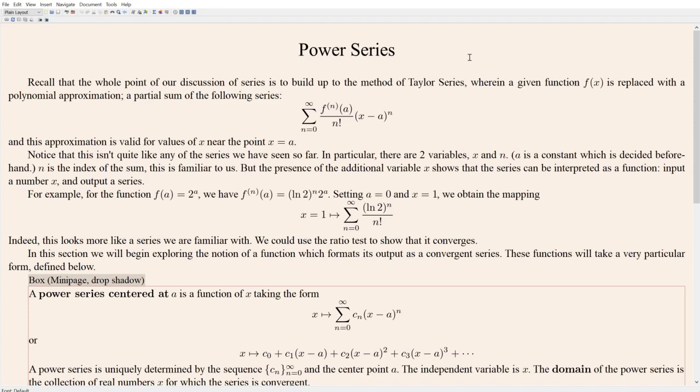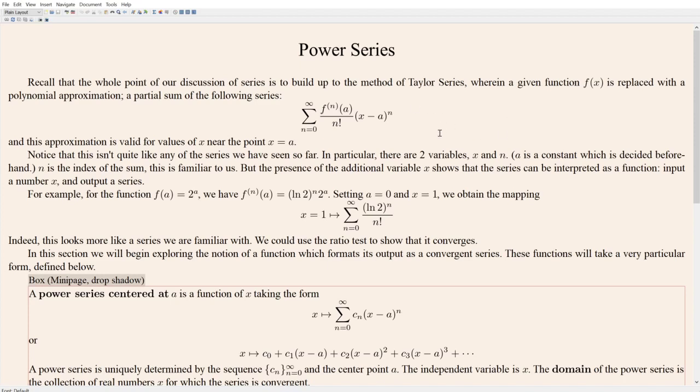in calculus too. So the method of Taylor series involves taking a given function and replacing it with a polynomial approximation. And that polynomial approximation is going to be a partial sum of this series. Okay? So given a function, we have the associated Taylor series, where this parentheses n indicates derivatives.